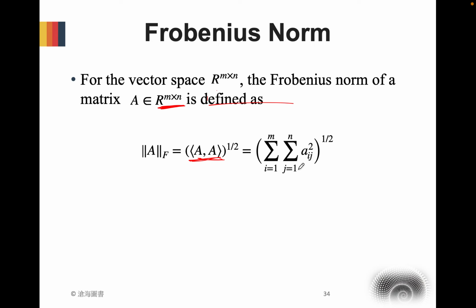Actually, we just sum over all the values inside the matrix, a_ij squared, and then take the square root.